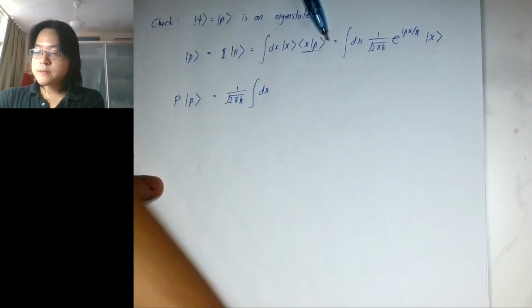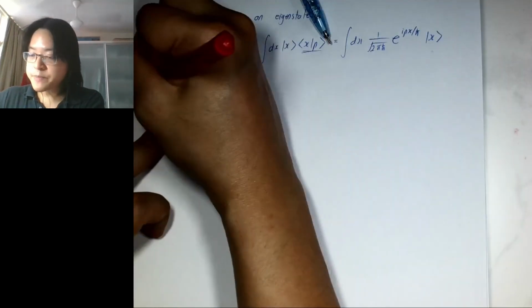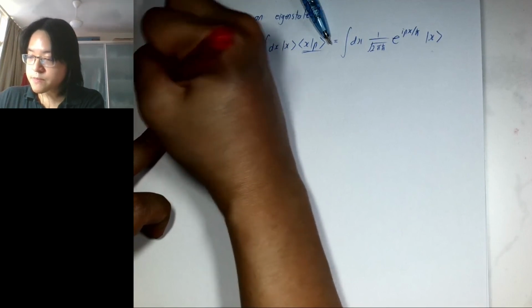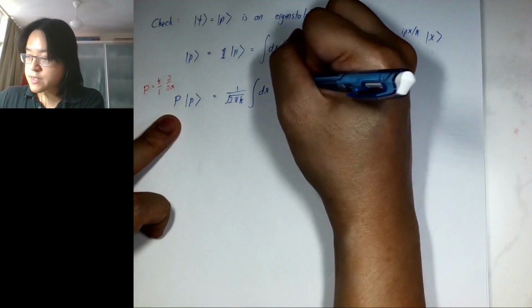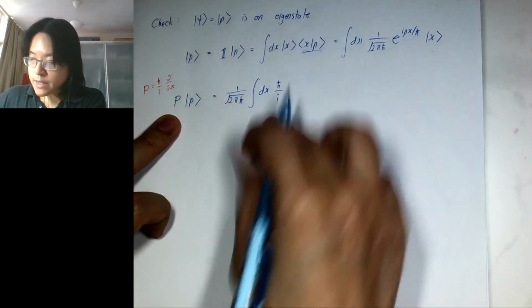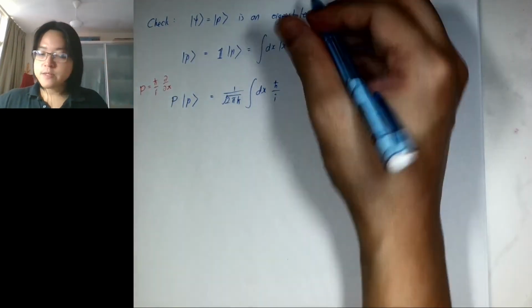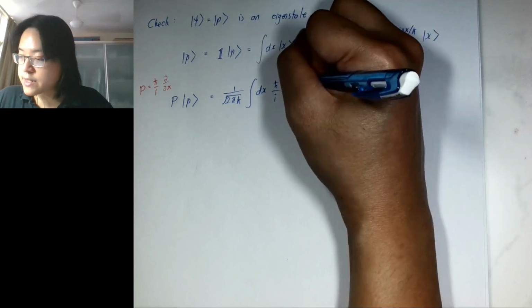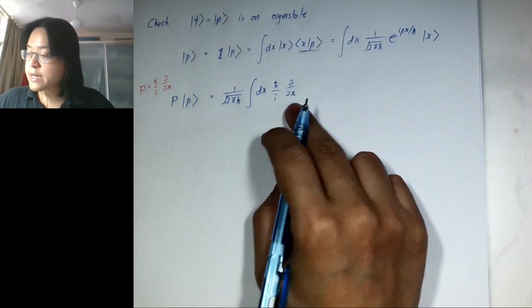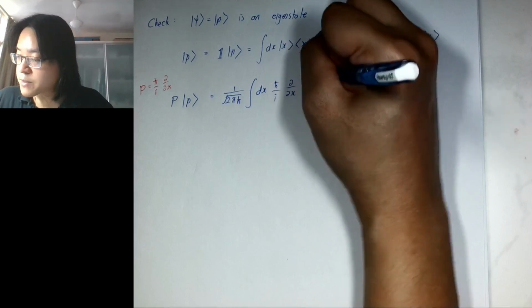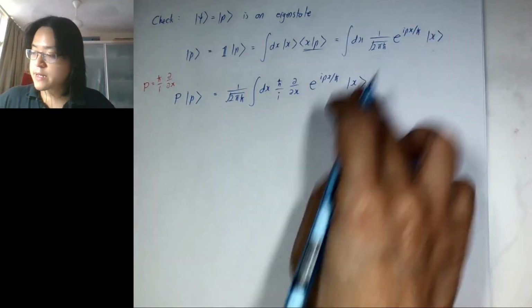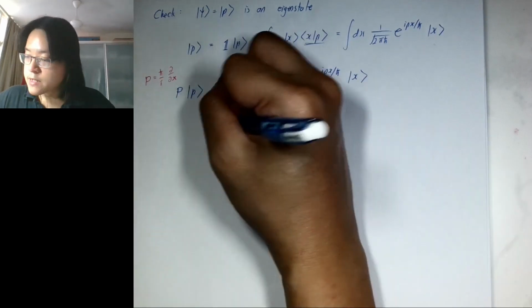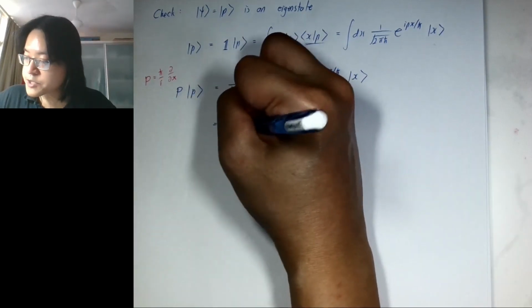What does P do? P is h bar over i d/dx, an operator. So this is h bar over i d/dx, and what I am differentiating is e to the power of ipx over h bar, times the ket x over here. Let's see what happens if I work out the differentiation.